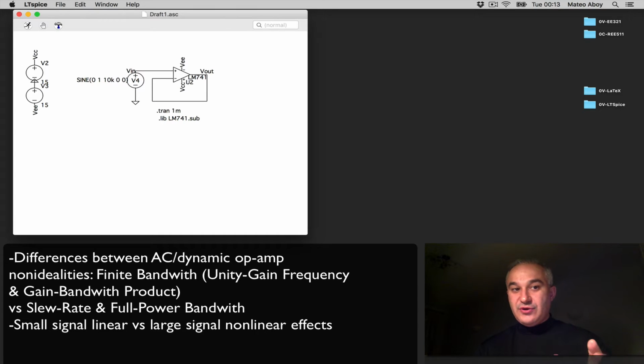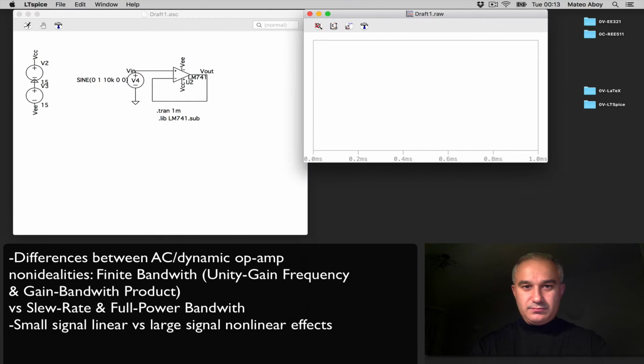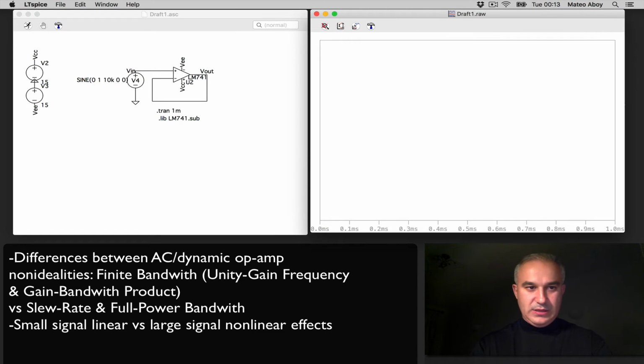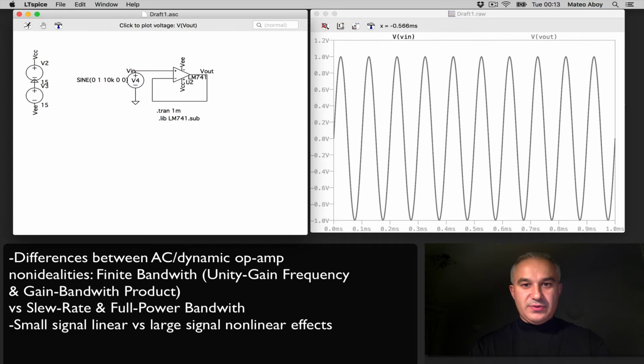The input is a sinusoid, this is a follower, the output should be a sinusoid. The gain is 1, right? There's no gain, the input has a gain of 1, the output should have a gain of 1. So here we have our input, and here we have our output, as expected. Perfect.